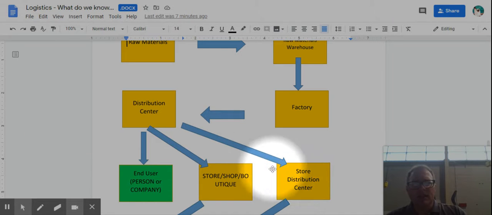Okay. Lots of large companies have big distribution centers, and then they have regional distribution centers or store distribution centers. So if it was a smaller company like Remke, boom, it automatically goes directly to the store from the distribution center.